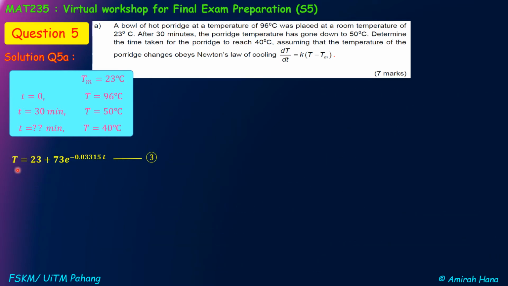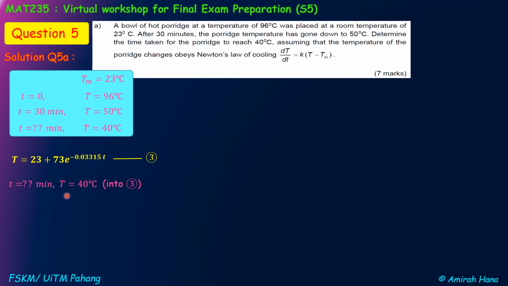From the previous slide, we have temperature equals 23 plus 73 e to the power of negative 0.03315 t, and we name it equation 3. Now we can find the time taken for the porridge to reach 40 degrees Celsius.